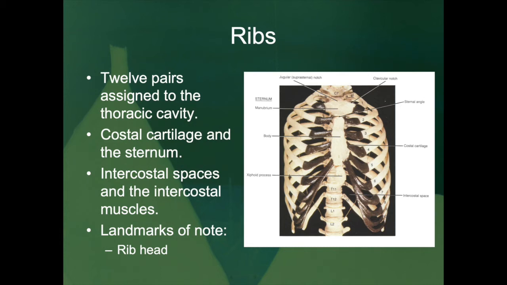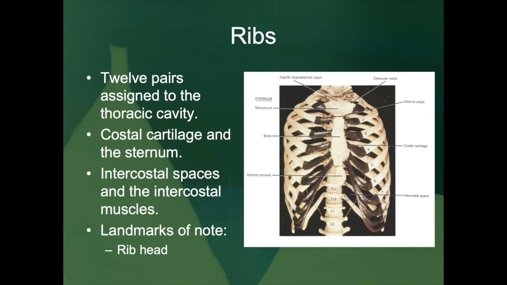The cartilage of the 8th, 9th, and 10th ribs attaches to each other and then to the cartilage of the 7th rib, and hence the reason why they're then called false ribs. The 11th and 12th ribs are designed in such a way that they appear to float. So we consider the 11th and 12th false ribs to be floating ribs.